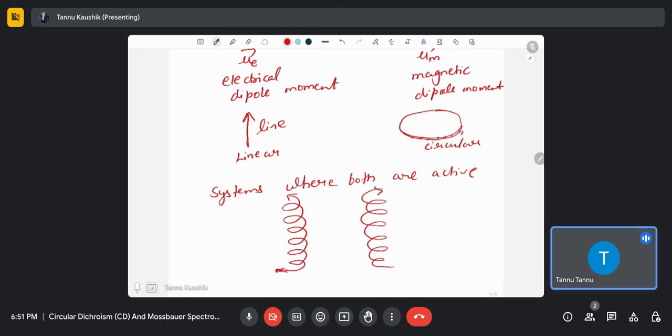And both of these are mirror images of each other, like this helical motion we get from the right hand and left hand circularly polarized light.